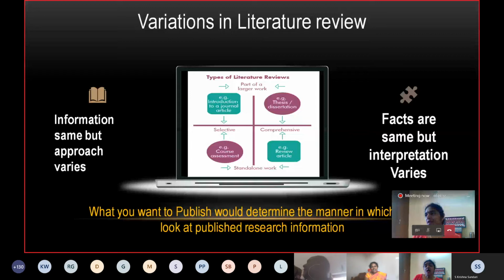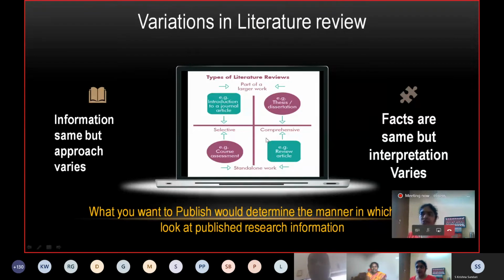Now, like I have said, depending upon the kind of publication that you are making, the manner in which you approach the literature will differ. Because the facts are the same, the literature is the same, the material that you are collecting is the same, but the approach is different and the interpretation is different.